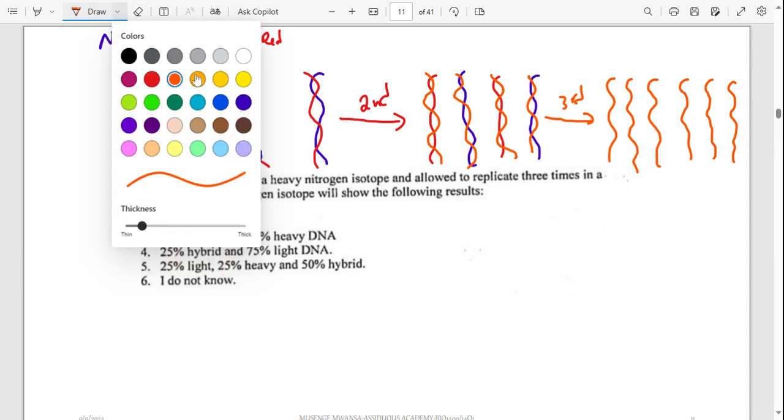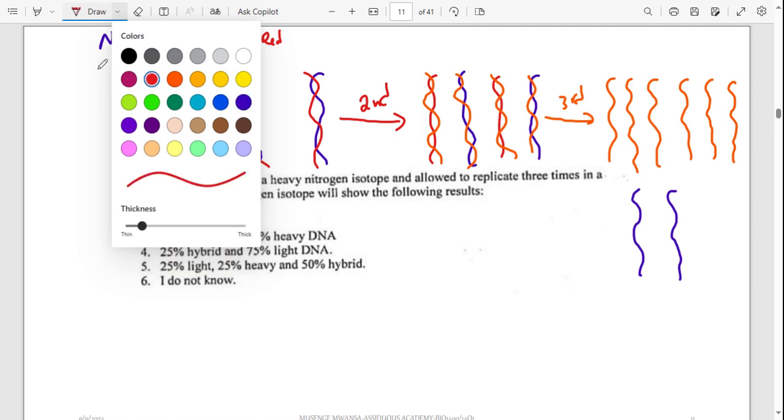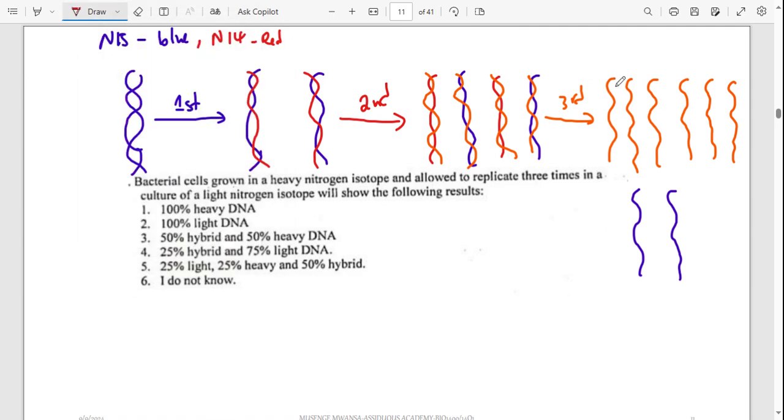And then we have got 2 blue ones. But because another replication is happening in an environment with nitrogen 14, each one of these strands is going to carry a red strand. Each one of them.